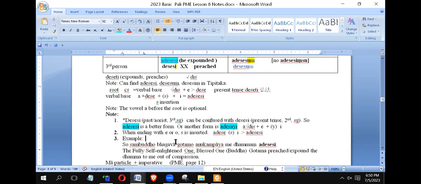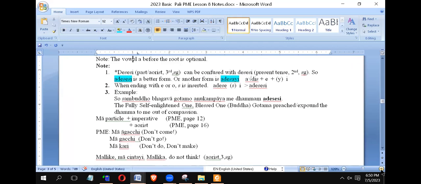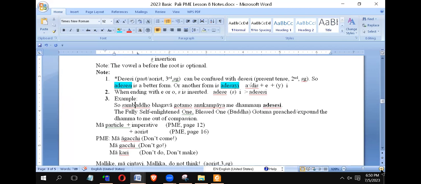Now this is one example we find in the Tipitaka. Sammāsambuddho Bhagavā Gotama anukampāya me dhammaṃ adesesi. You can see this sik is a past tense here with the I suffix.